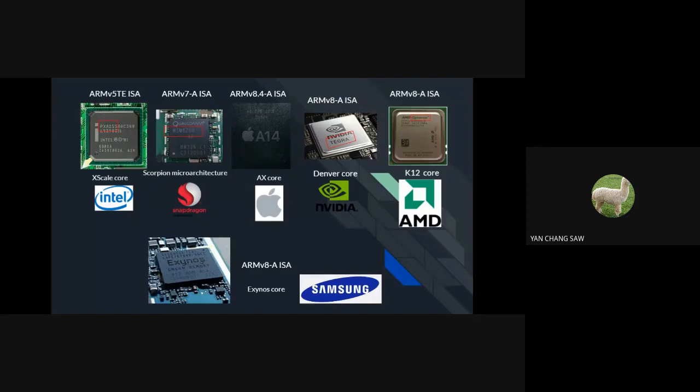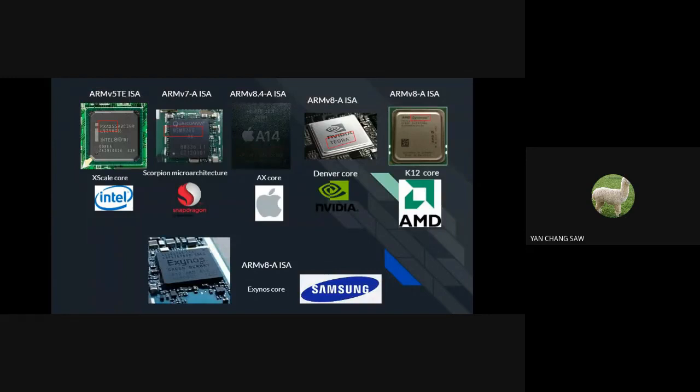Up until today, there are many cores designed by third parties that implement the ARM instruction sets, such as the famous companies Intel, AMD, Qualcomm, Samsung, Apple, and many more. For example, the XScale core family manufactured by Intel implements the ARM architecture version 5 instruction sets.